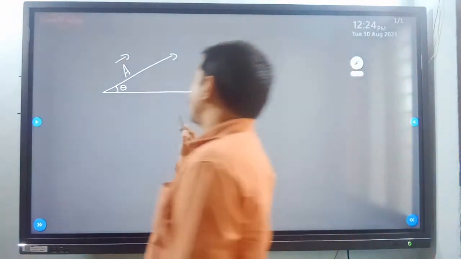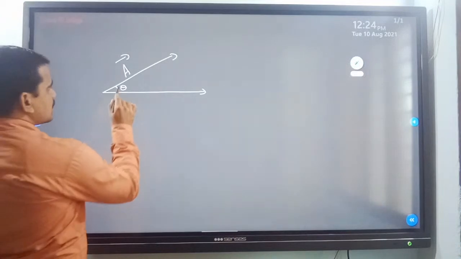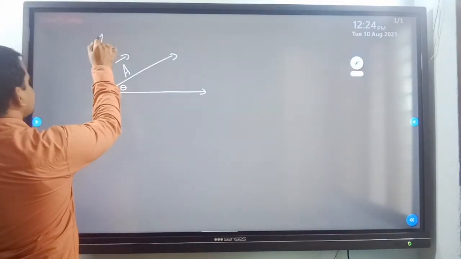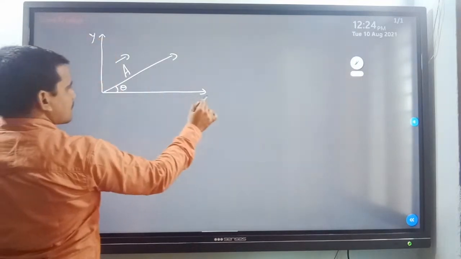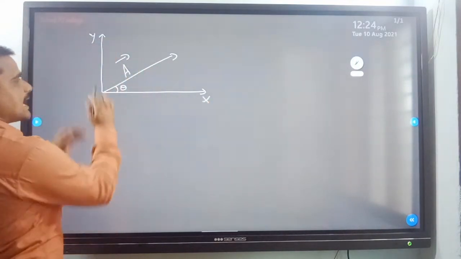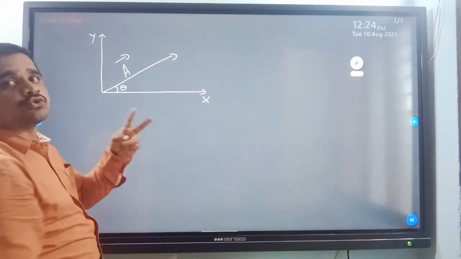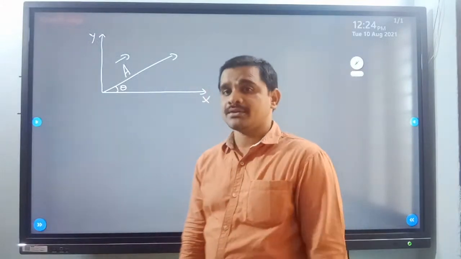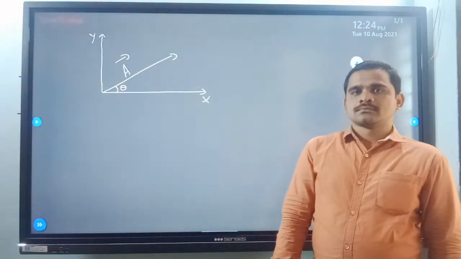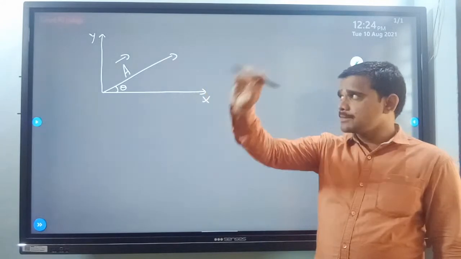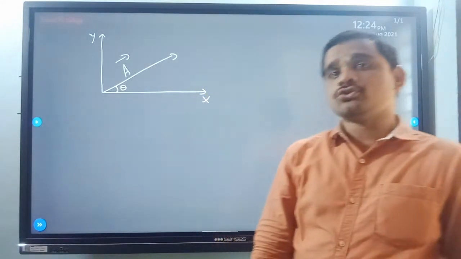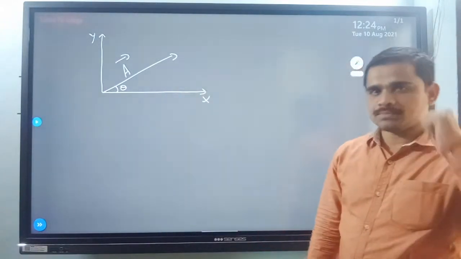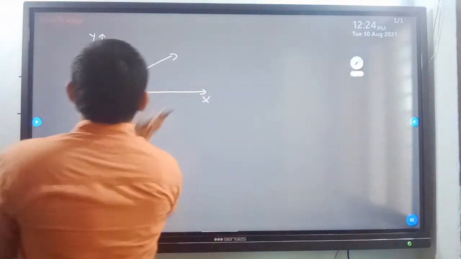So I am trying to form a right angle triangle. This is the y-axis. I am dividing this A into two parts, one is this one and the other is this one.